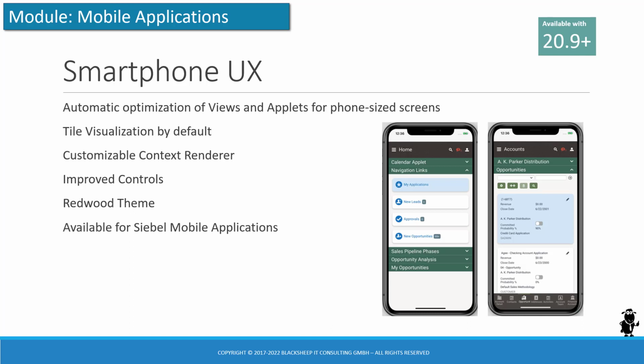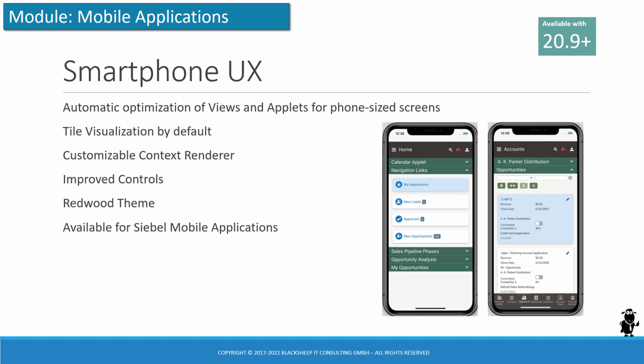Smartphone UX allows for automatic optimization of views and applets for phone-sized screens. It uses the tile visualization feature by default, comes with a customizable context renderer class for JavaScript, and improves the controls that users see on the screen. It uses the Oracle Redwood theme, a first for Siebel applications.